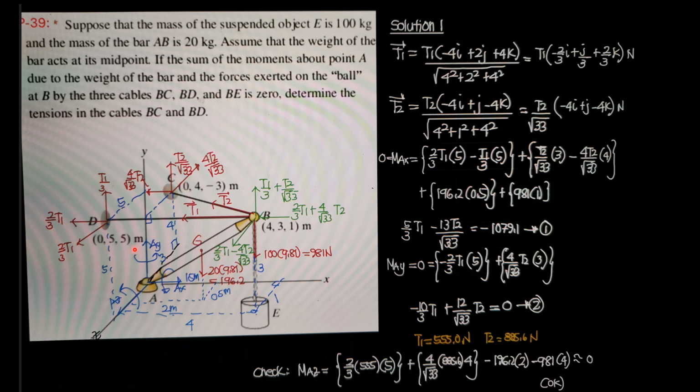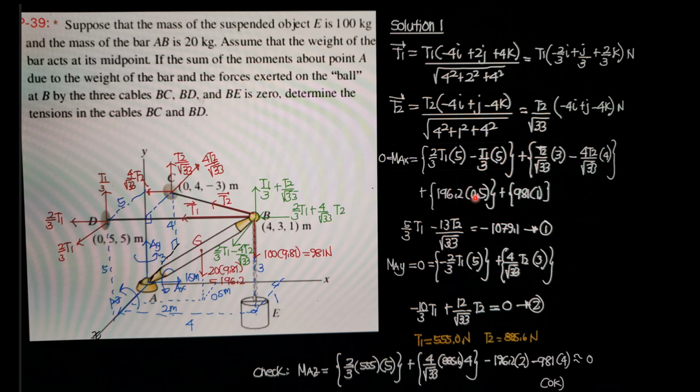So it is in that sense, which is opposite to this positive sense. So minus 4 T2 over square root of 33, the moment arm is 4 meters. That's it. Simplifying and combining like terms, 10/3 minus 5/3 is 5/3 T1.